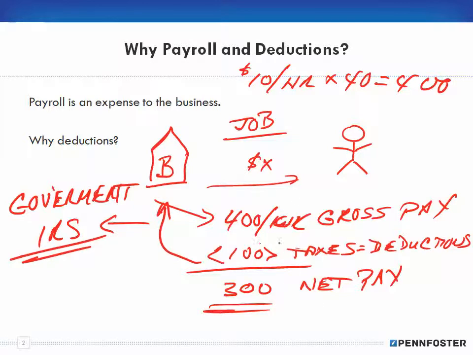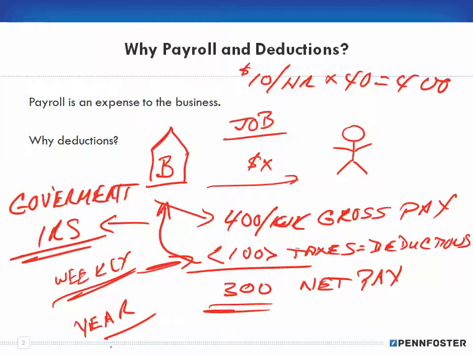Now, however often you get paid, whether that's weekly, bi-weekly, monthly, whatever it is, you're always having these withholdings taken out of your paycheck. Well, at the end of the year, and remember it goes by calendar year, January 1st to December 31st, right?